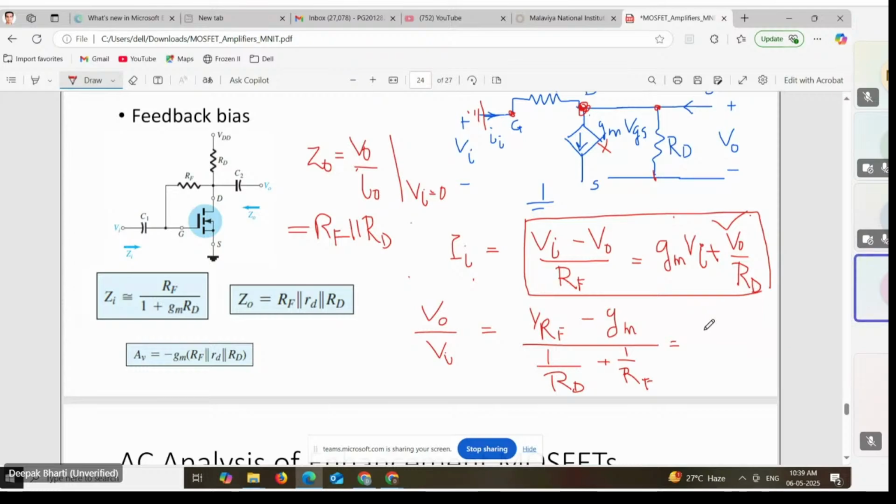In order to get the desired parameter out of Zi, Z0 and AV, we should write the KVL and KCL in the input and the output side and then eliminate the parameter which is not needed. If we remember all these things, we can find out these three parameters for any kind of amplifier, whatever be the biasing arrangement of that particular amplifier.